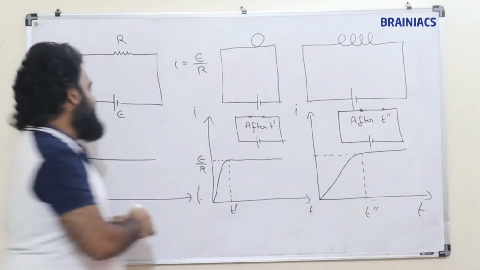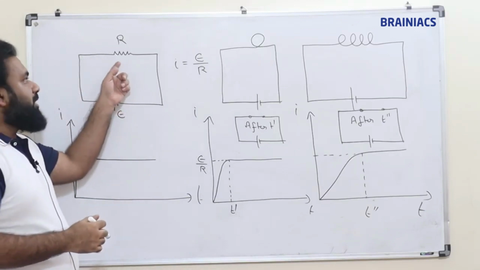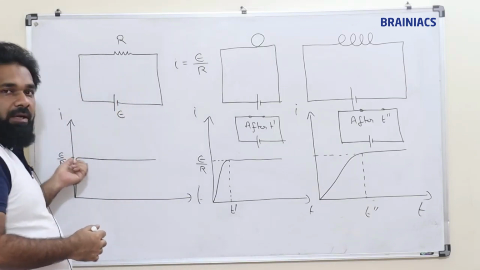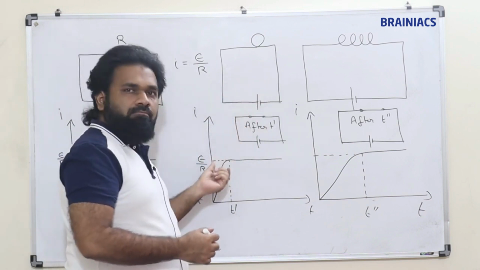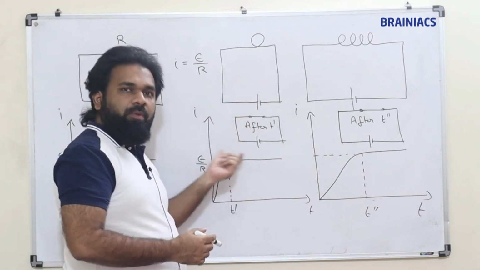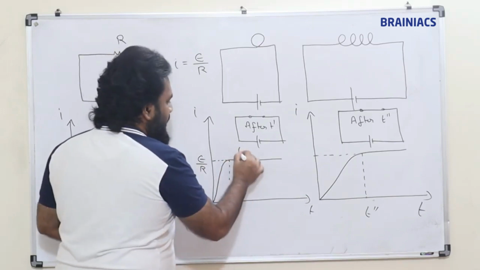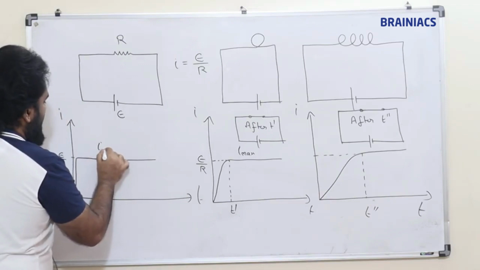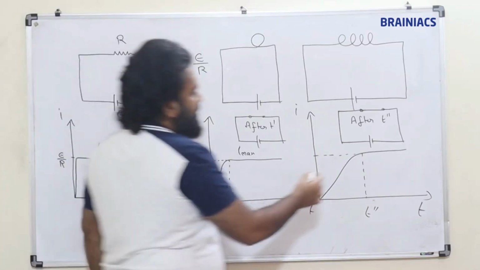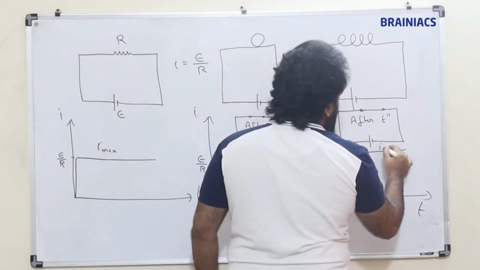Resistance also creates opposition, but we hardly notice it. When one turn is there, some time delay is there for the current to become maximum. This is the maximum current.